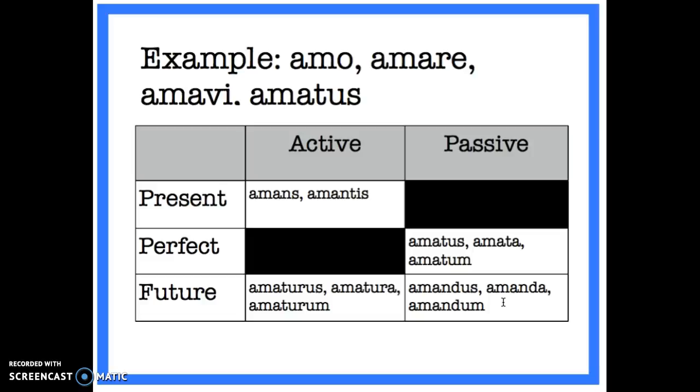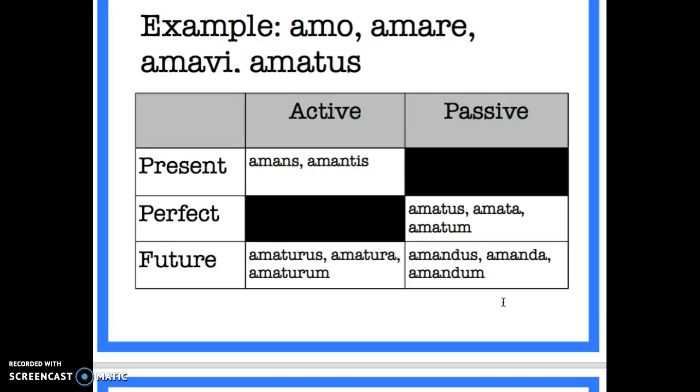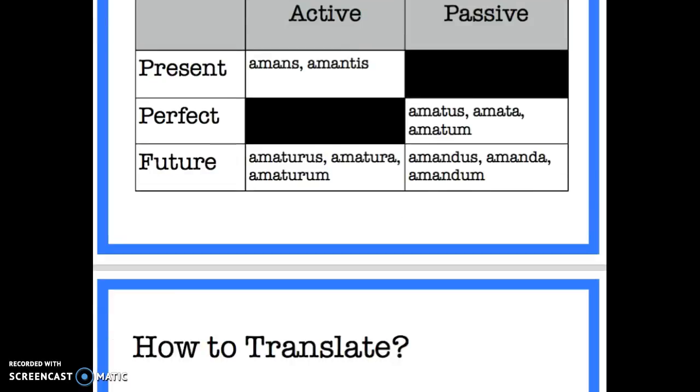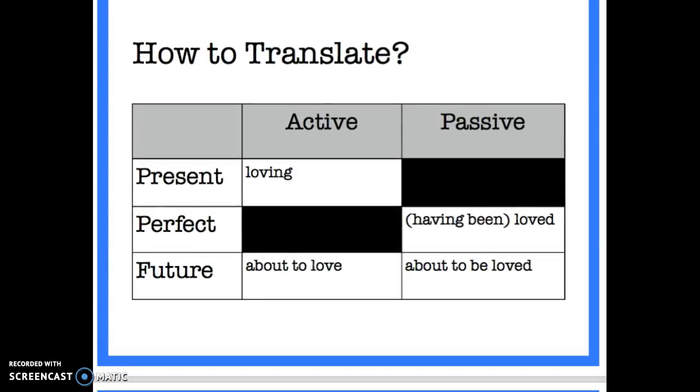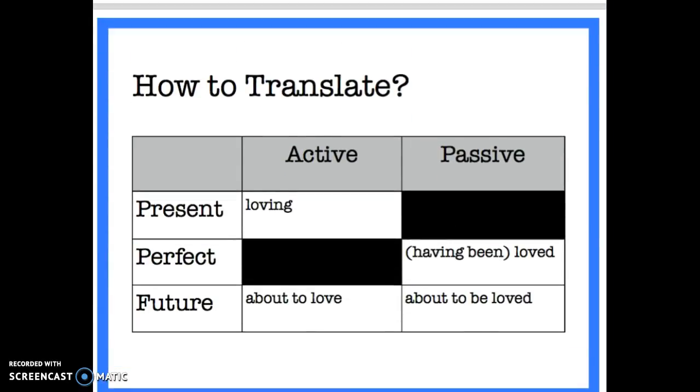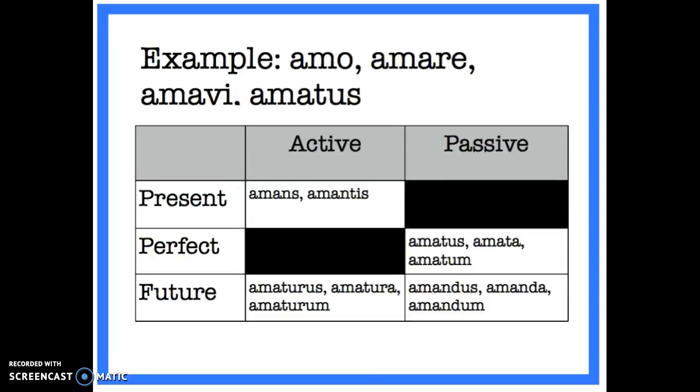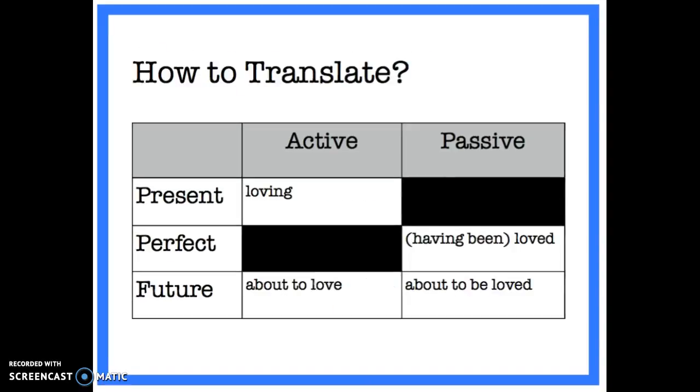And now, how do we translate them? How are these even useful? So when we translate, it's going to translate as loving, so blank-ing.